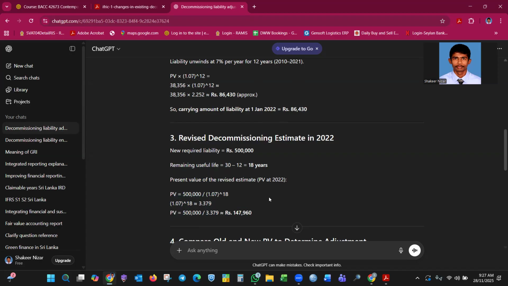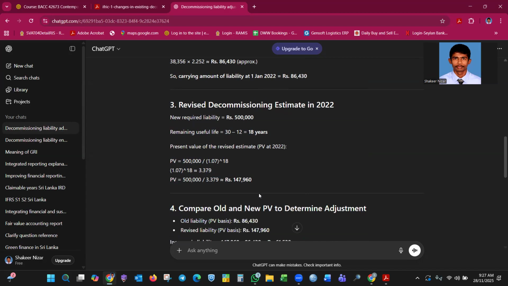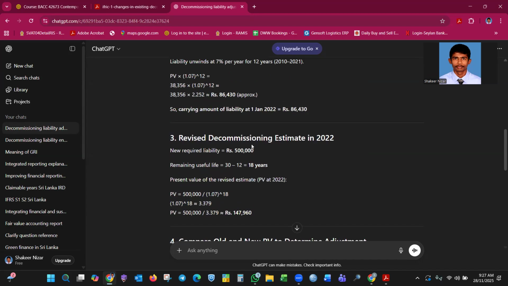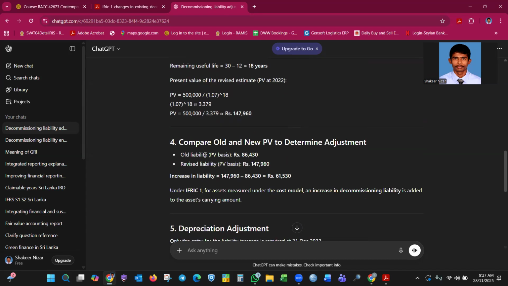Okay. Compare the old present value and the new present value. There is an increase in the liability. So you need to add the increase to the PPE.